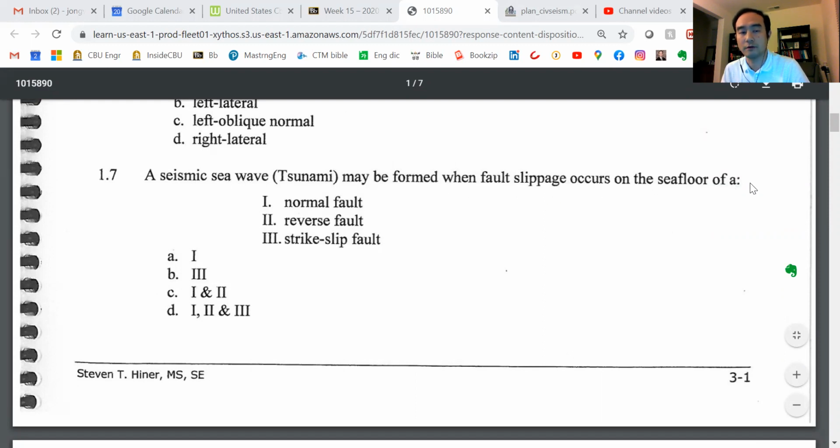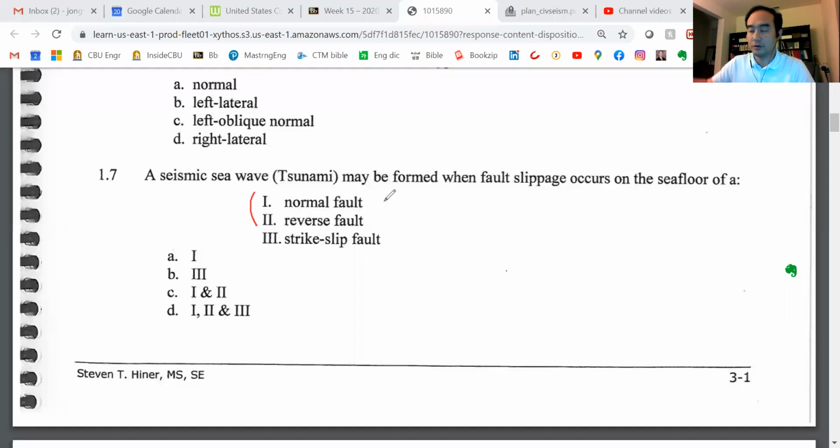Next problem. A seismic sea wave, which is called a tsunami, may be formed when fault slippage occurs on the seafloor of 1, normal fault, 2, reverse fault, 3, strike-slip fault. What do you think? Normal and reverse faults involve vertical movement, while strike-slip is horizontal movement, right?